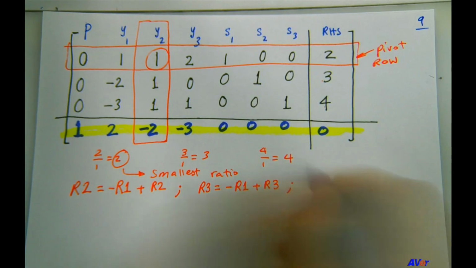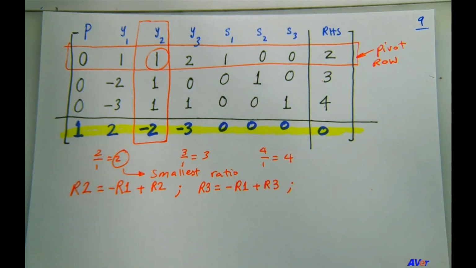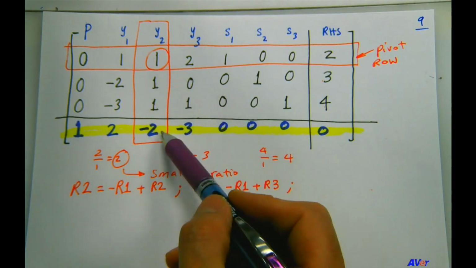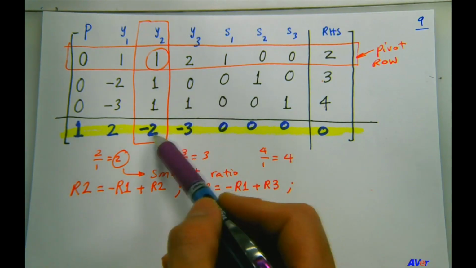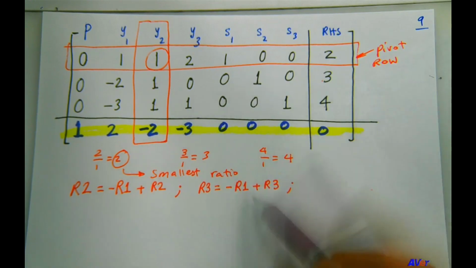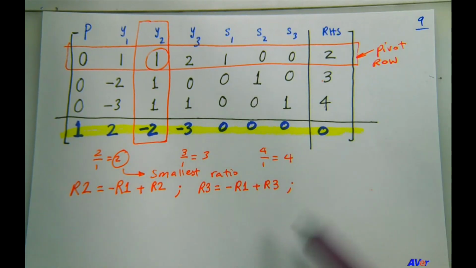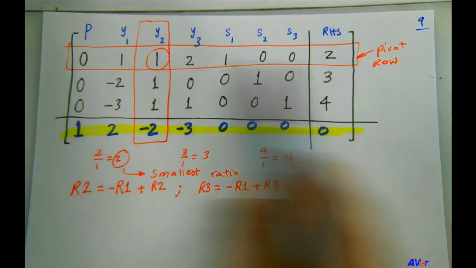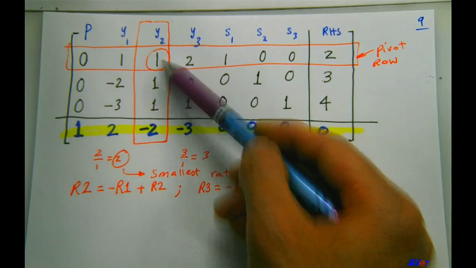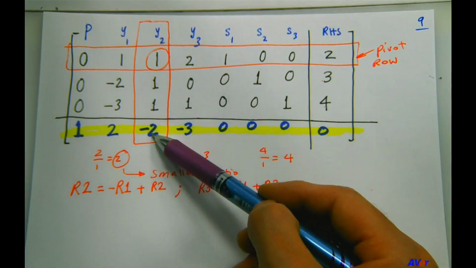How are we going to get this negative 2 to be 0? Well, very easy. All we need is to add a positive 2 to this. Where's the positive 2 coming from? The positive 2 comes from multiplying the pivot row by 2 and adding it to row 4.